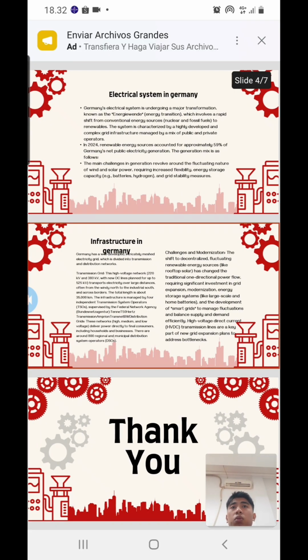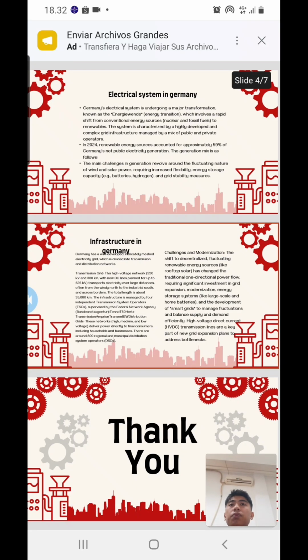The high voltage network, like 220 kilovolt and 380 kilovolt, with new DC lines planned for up to 525 kilovolt, transports electricity over large distances, often from the windy north to the industrial south across the country, and the total length is about 35,000 kilometers.